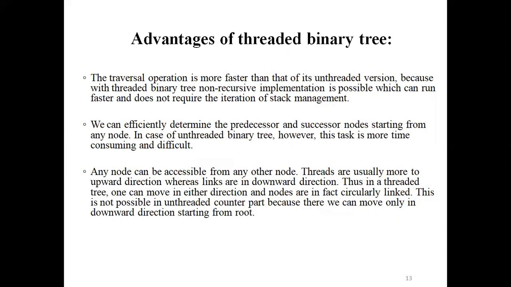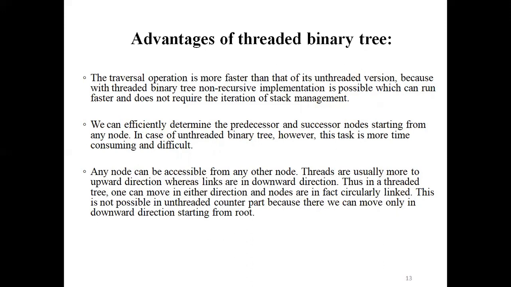So there are a few advantages and disadvantages of using this threaded binary tree. So first of all, we'll see some advantages. The traversal operation is faster than that of its unthreaded version, because with a threaded binary tree, non-recursive implementation is possible, which can run faster and does not require stack management.